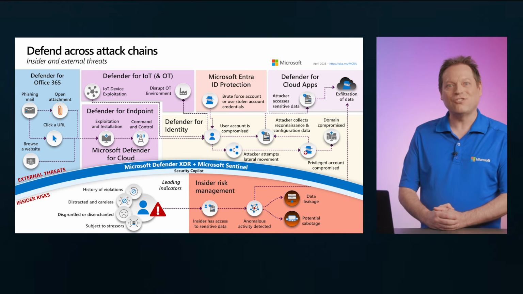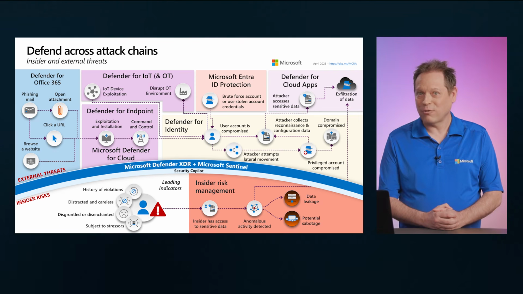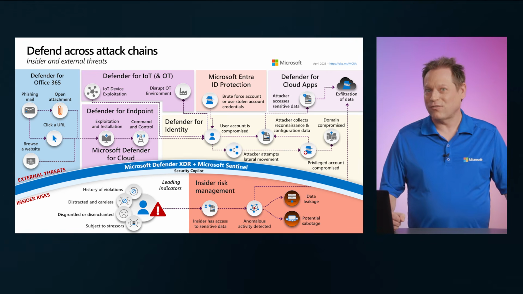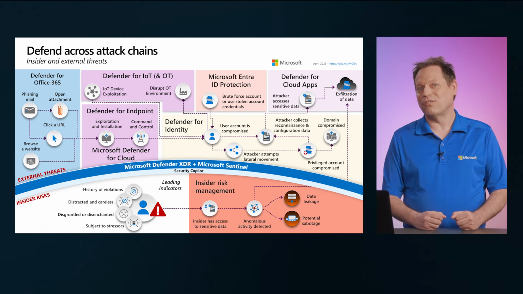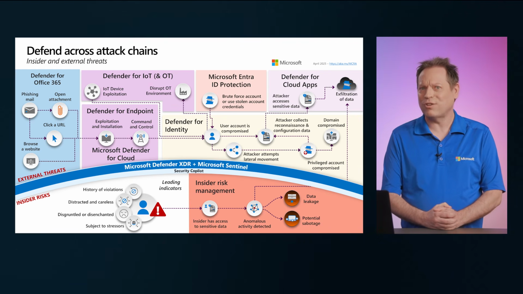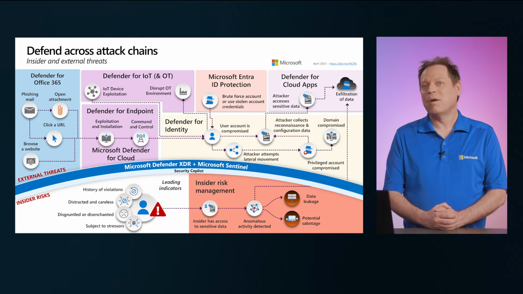For cloud applications and data, Defender for Cloud Apps helps us understand data usage, detect anomalous activities, and reduce data exfiltration risk, even across a wide ecosystem of SaaS services, including hundreds of generative AI applications.